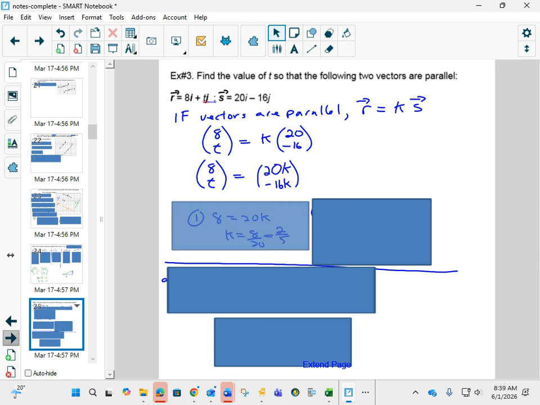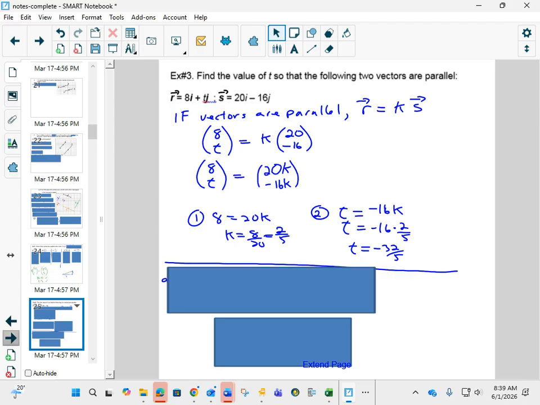then you get the following equations. From the top, the x values, 8 would have to equal 20k, and solving for k gives you 2/5. If you use that in the second one, you can solve for t and get t is equal to -32 over 5.